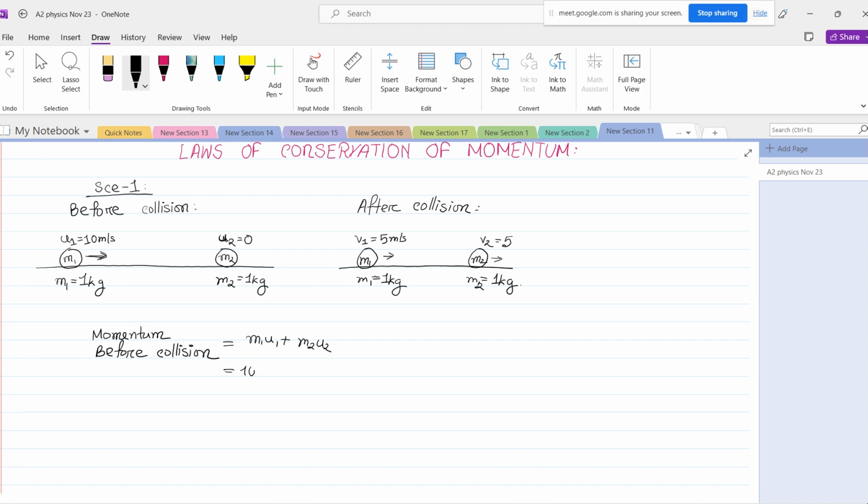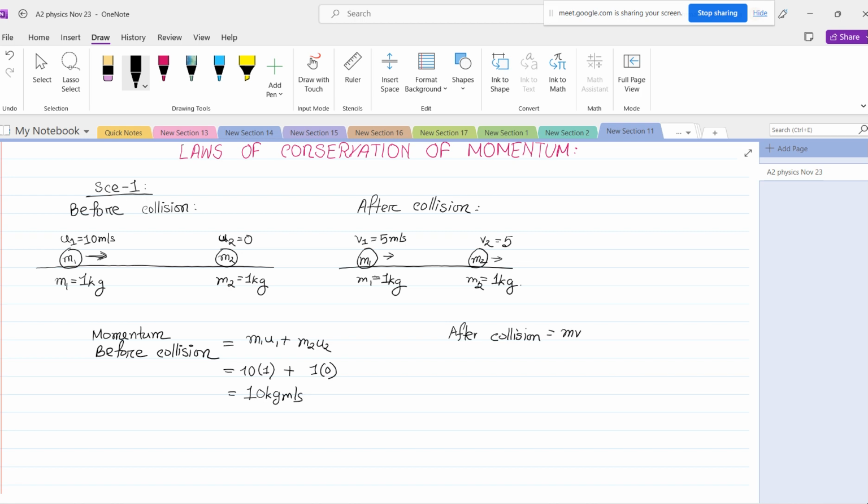So it will be 10 into 1 plus 1 into 0. So the momentum before collision is basically 10 kg meters per second. After the collision we have to calculate that also.